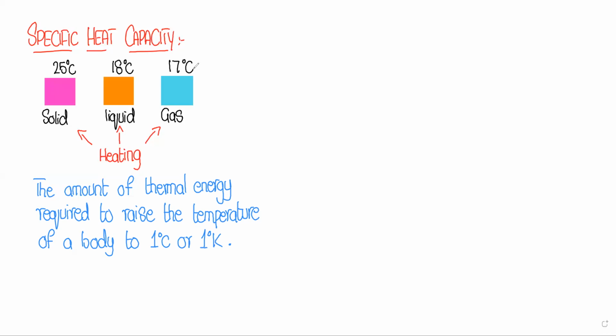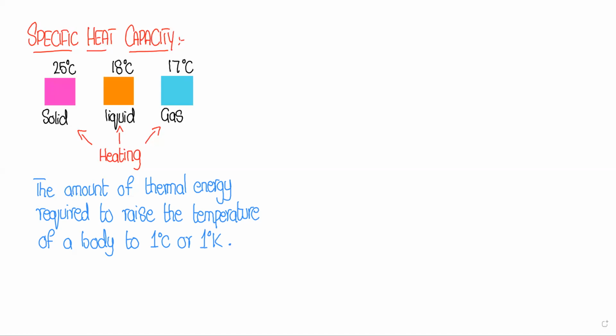These are their initial temperatures, right? If we want to increase their temperature by 1 degree, say 25 to 26, 18 to 19, 17 to 18, how much heat or thermal energy is required to change their temperature by 1 degree? That concept is known as specific heat capacity, right?